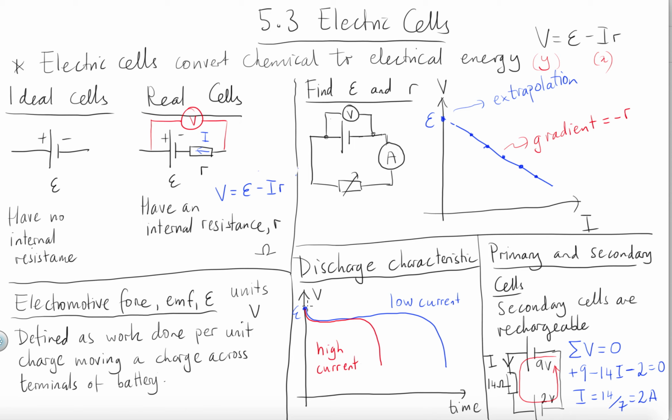However, if I was to have a lower current in the circuit, then the discharge characteristic would take much longer, because there would be fewer charges flowing per second, so the discharge time would be extended.